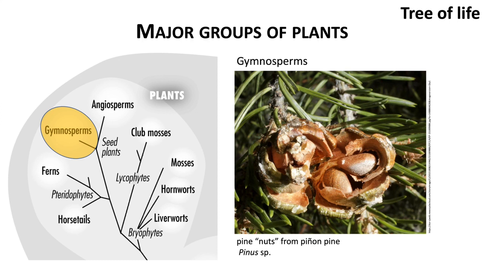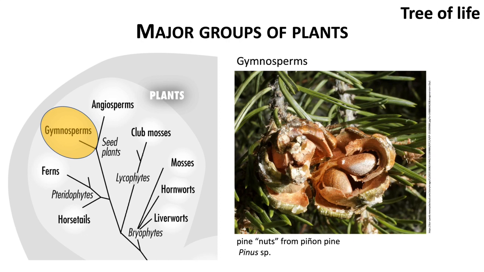We can learn a lot about gymnosperms just by their name. Gymno comes from the Greek word for naked, as does gymnasium, and sperm means seed. So the defining characteristic of gymnosperms are naked seeds, or seeds without fruits.